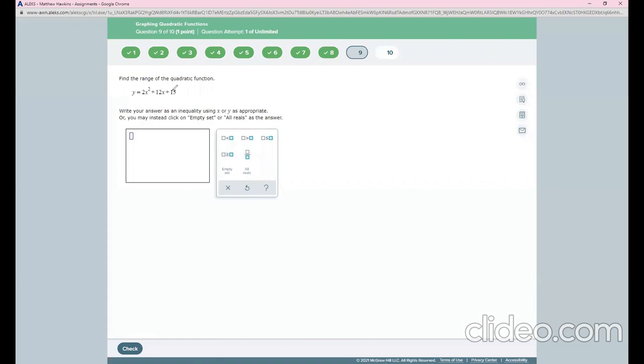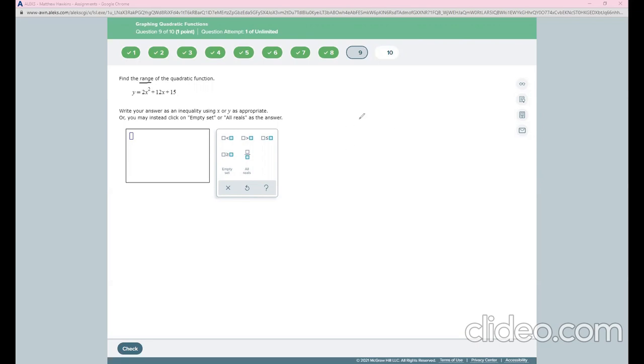All right, this one says find the range. Remember, these are pretty easy. The range is the y value. So the highest, maximum, or minimum is going to be your vertex, your vertex's y value. So we need to find the vertex's y value.